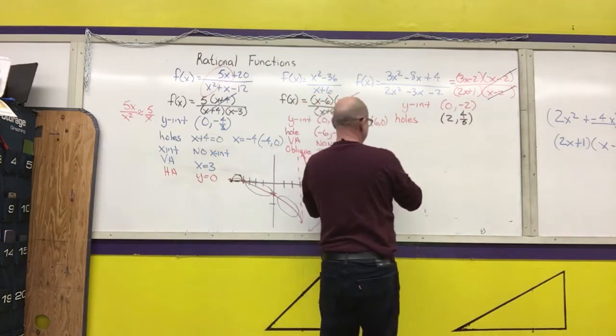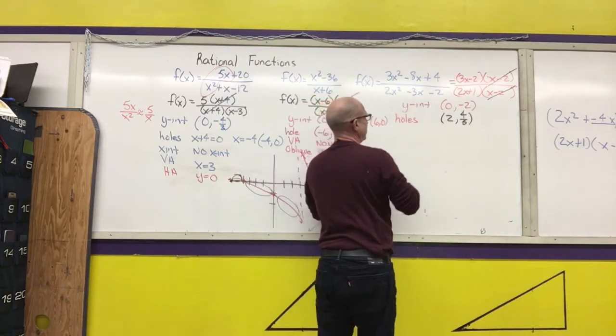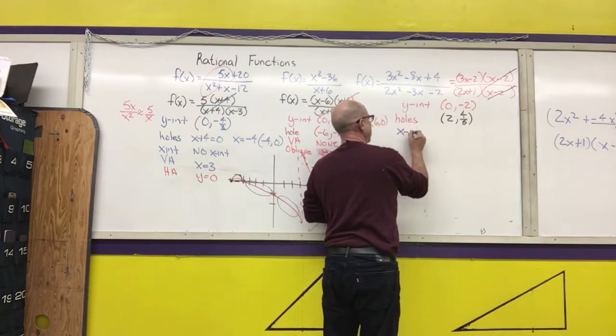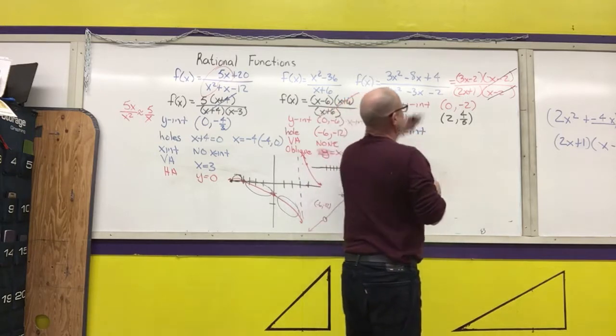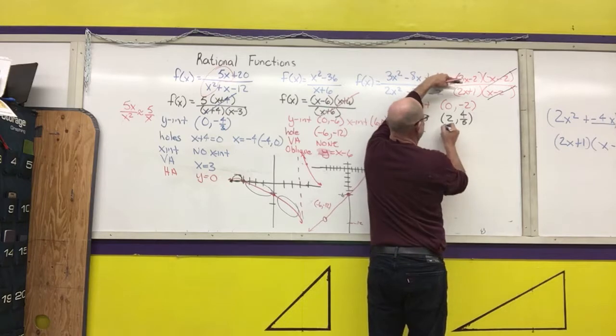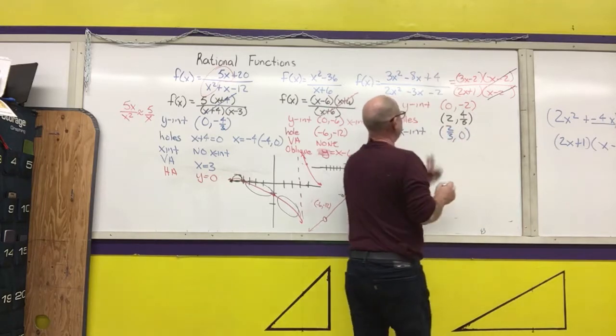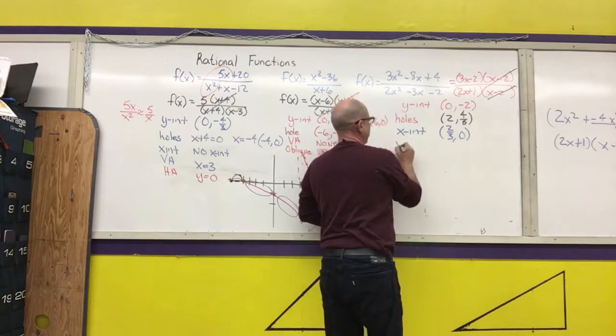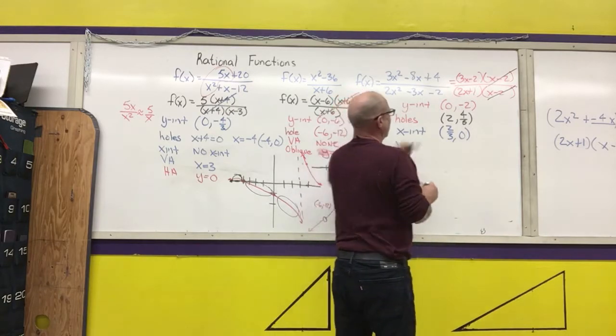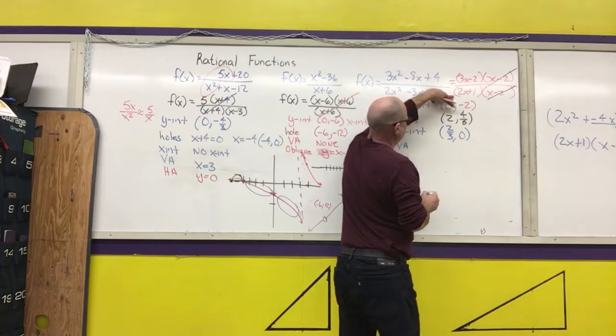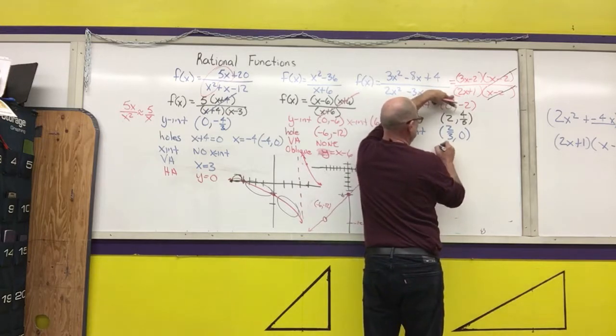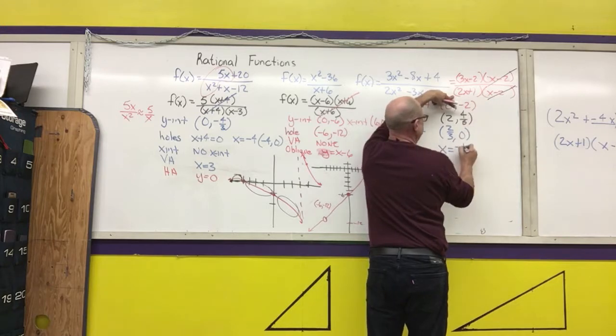I find my x-intercepts by setting the numerator equal to 0. I am going to have an x-intercept when x is 2/3, comma 0. I find my vertical asymptotes when the denominator is equal to 0 after simplifying. So my equation for my vertical asymptote is x equals -1/2.